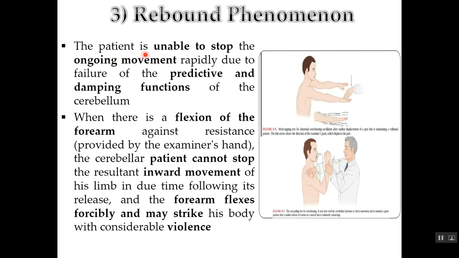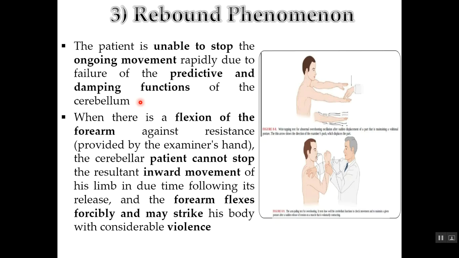So rebound phenomena means the patient is unable to stop the ongoing movement rapidly due to the failure of the predictive and damping function of the cerebellum. When the patient flexes his forearm against the resistance provided by the examiner's hand, the cerebellar patient cannot stop the resulting inward movement of the limb following its release.